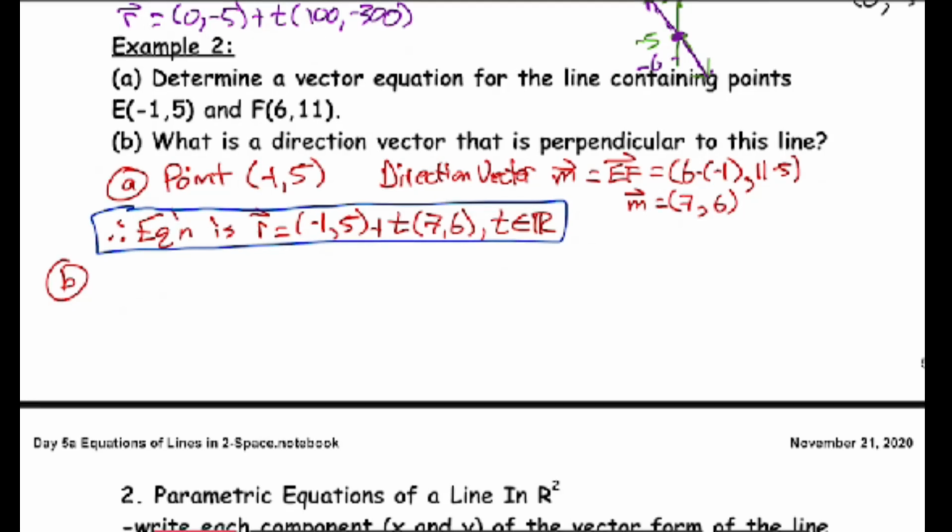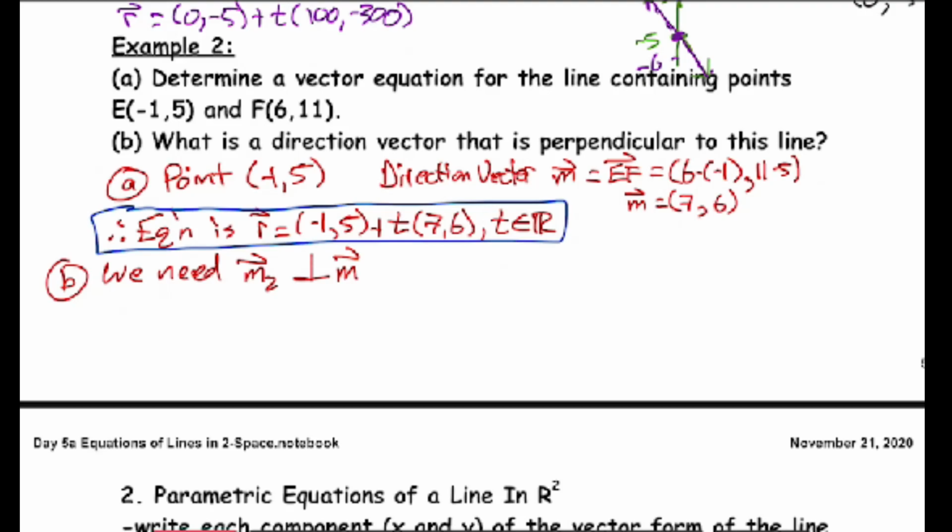For B, we're going to have to define a direction vector that is perpendicular to our original direction vector. So we'll call this vector m2, perpendicular to our vector m that we originally found. And remember, how do I know when a vector is perpendicular to another vector? When the dot product is equal to 0.